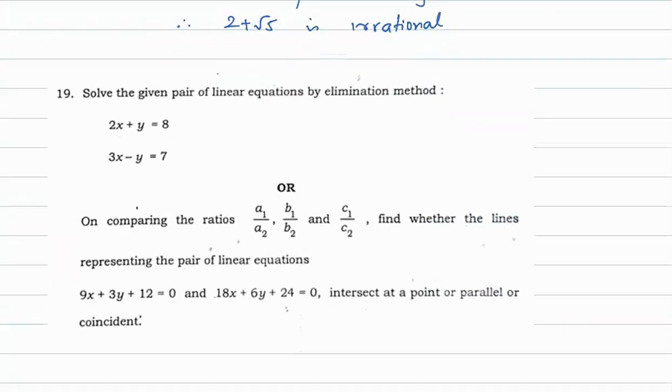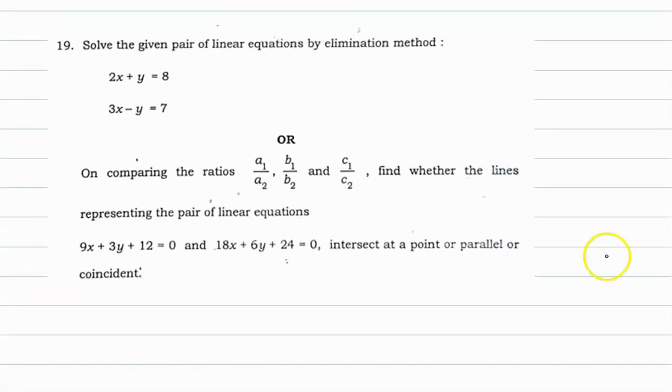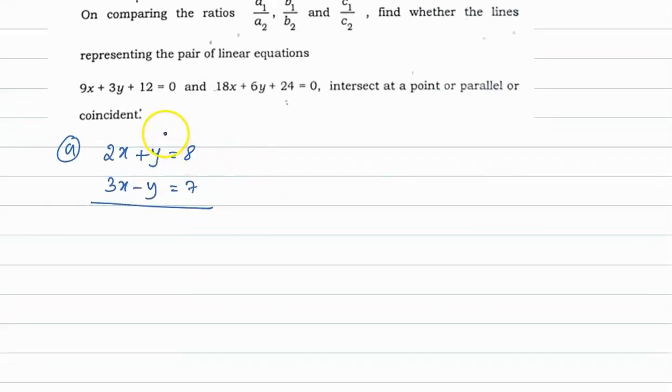So next question. Solve this by using the elimination method. Very simple one. I am going to solve question A here. 2x plus y is equal to 8, 3x minus y is equal to 7. By taking the sum of these two equations, y and y get cancelled. 5x is equal to 15, x is equal to 15 by 5, and x is equal to 3.